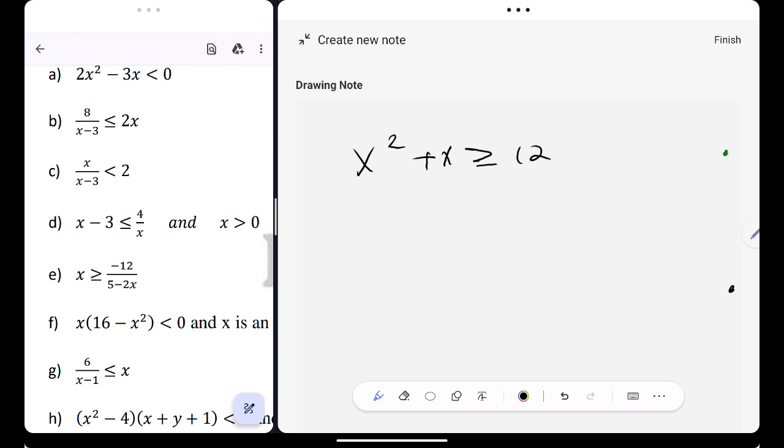Are we together? So in this case, there are no fractions, sets, and brackets. So we'll go to the second step. The second step is putting everything in standard form. x squared plus x minus 12 is greater than or equal to 0.